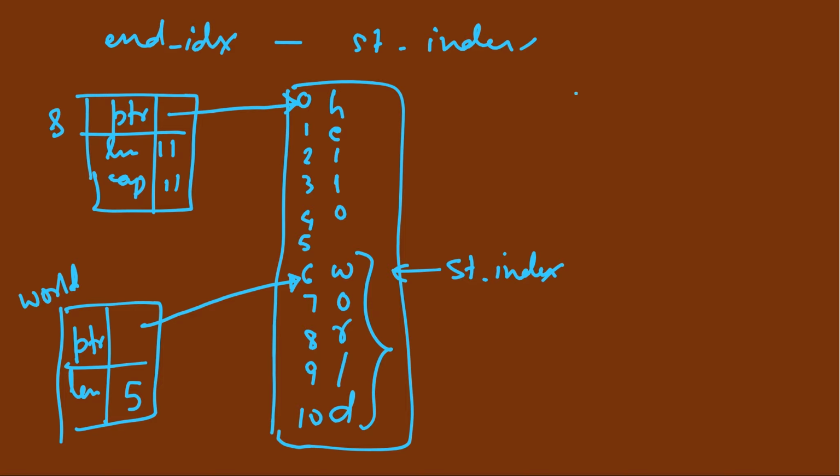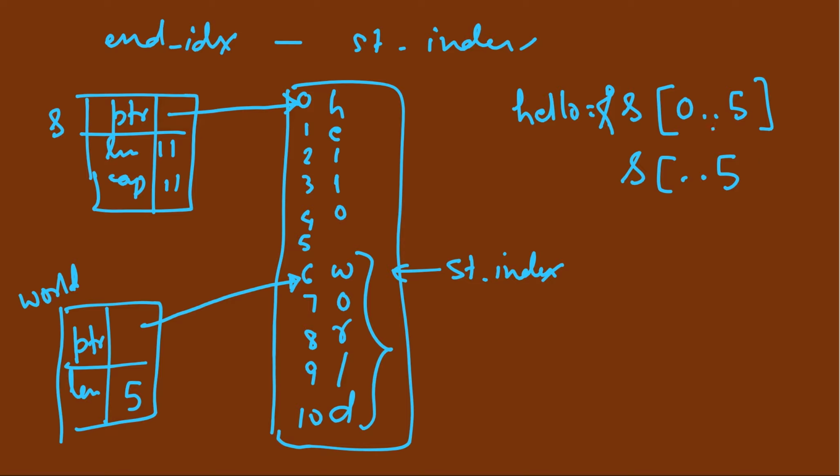And when you are writing slices, let's say your first index is 0. For our case, hello was 0 till 5. So if the first index is 0, you can skip it and write it as dot dot 5. So we have skipped 0. Similarly, say we have s.len, which will be the length, in this case 11.